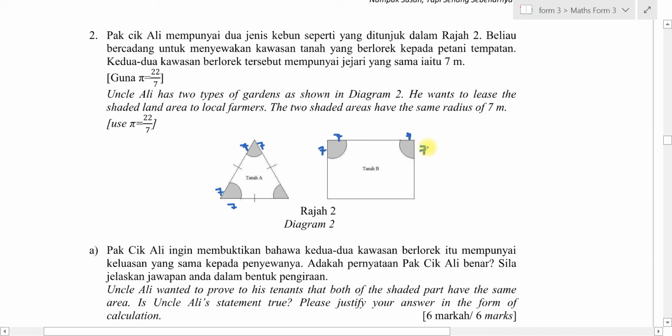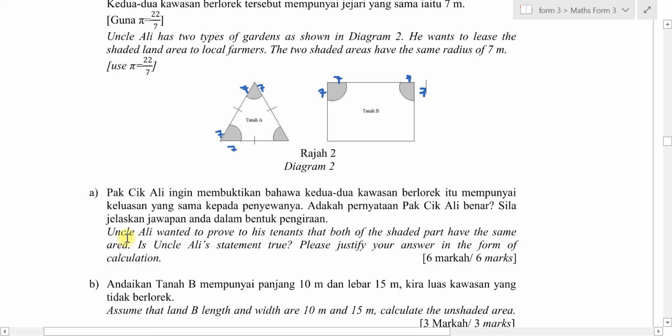Okay, now Uncle Ali want to prove his tenant that both of the shaded part have the same area. Both of the shaded part has the same area. So shaded area. Is Uncle Ali's statement true? Please justify your answer in the form of calculation.